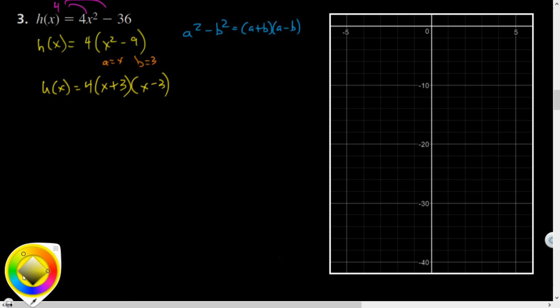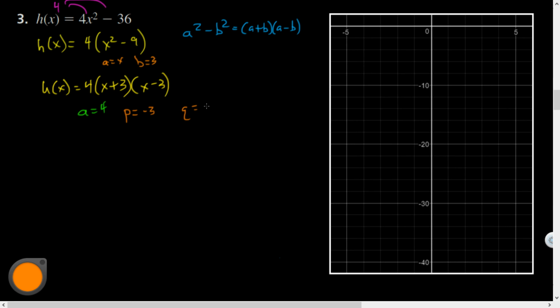Let's figure out our values. A is 4. It opens up because it's positive. P is going to equal -3, and Q is going to equal the opposite of that, which will be positive 3. So here's the -3 x-intercept. Here's the positive 3 x-intercept. Halfway in between is 0.